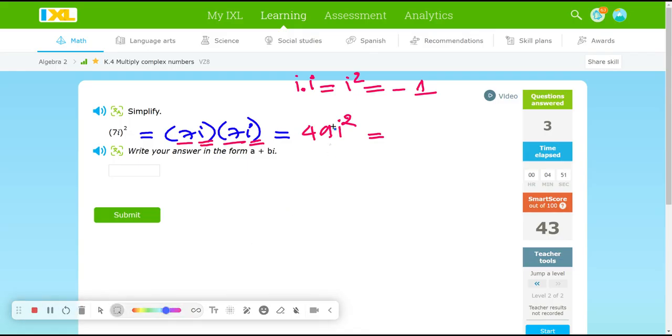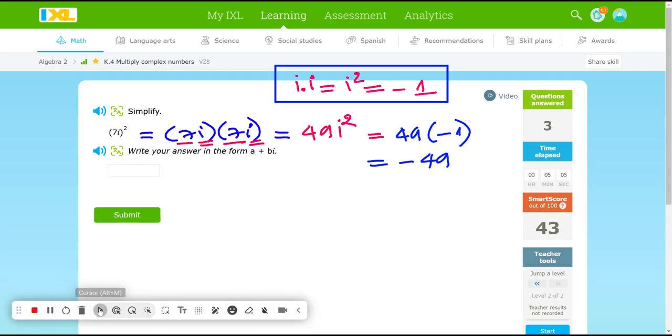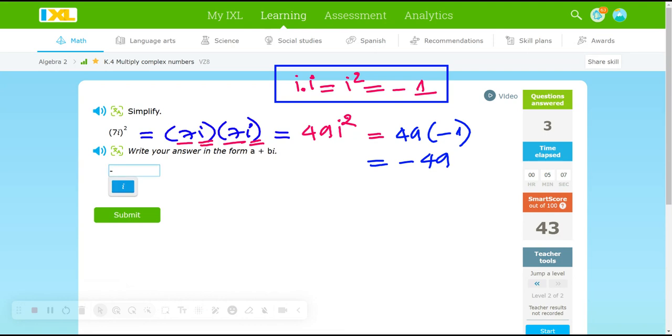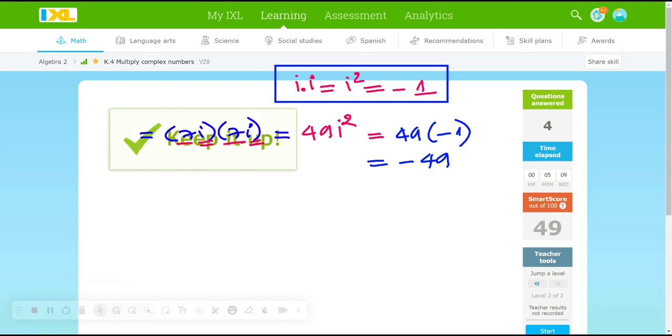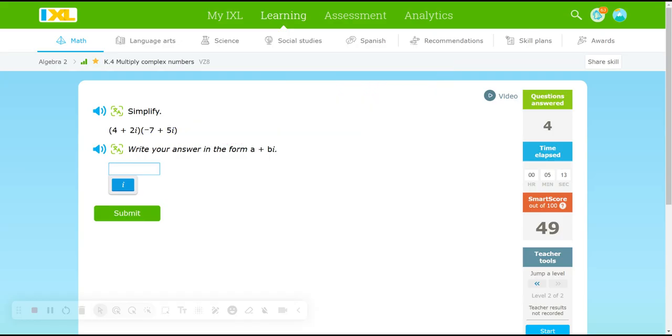Okay? So here we go. Here's your formula. So now i squared, you substitute by -1. 49 times -1 is -49. Done. Voila. Okay, let's do one more and then we're done.